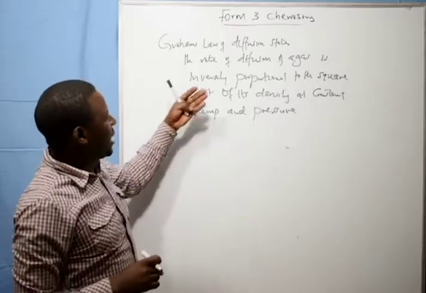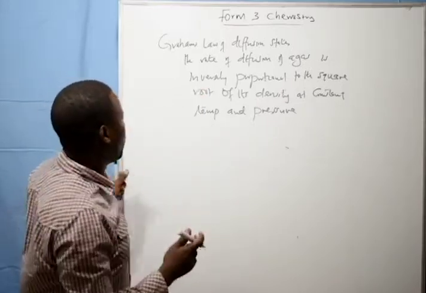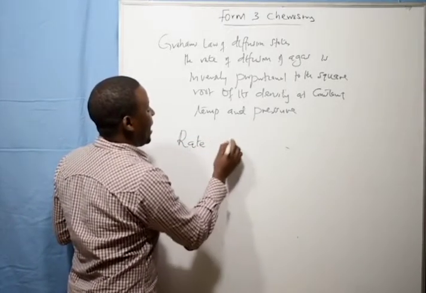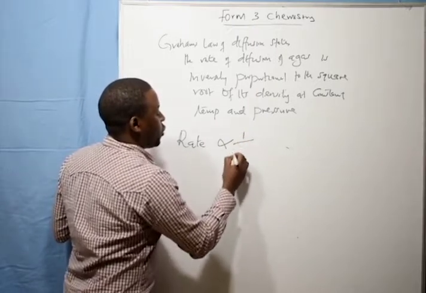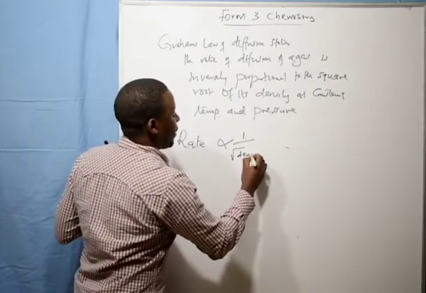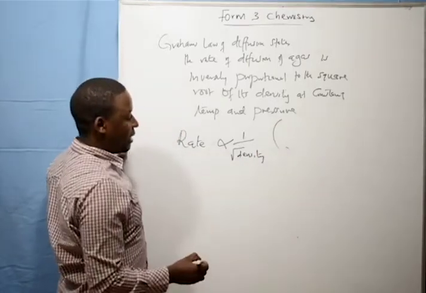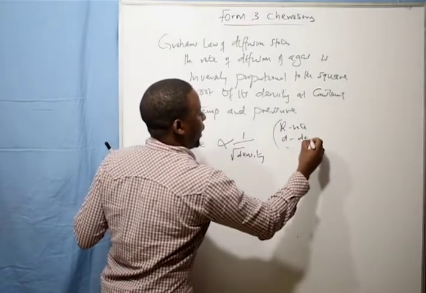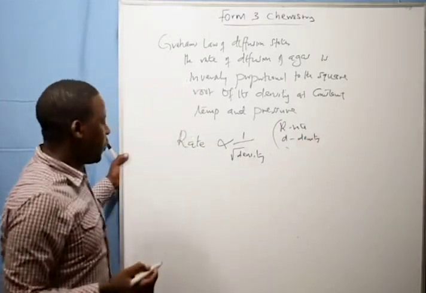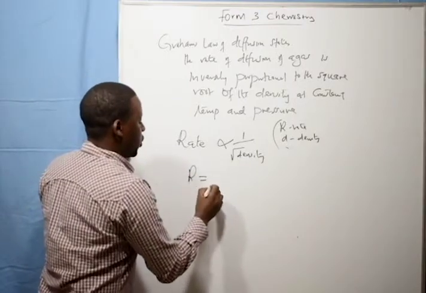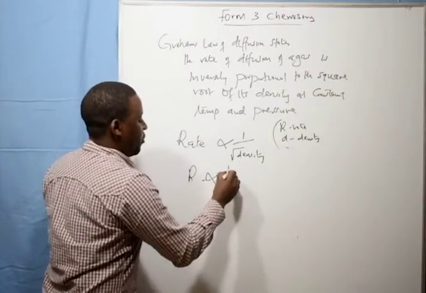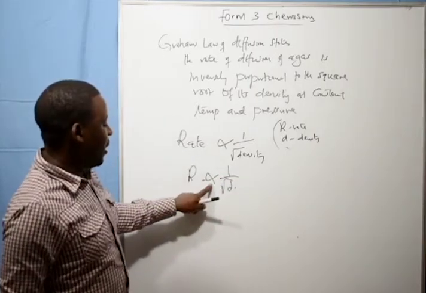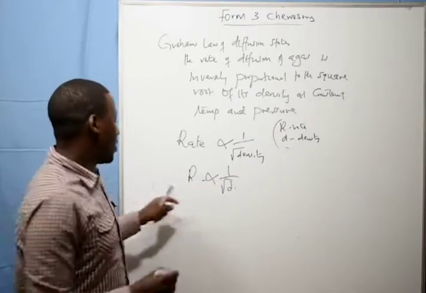If you were to express this in a mathematical expression, we would say rate of diffusion is inversely proportional to the square root of the density. Let us take R for rate, D for density. Therefore, R is inversely proportional to 1 over square root of D. To remove this sign, we add an equal sign and a constant.